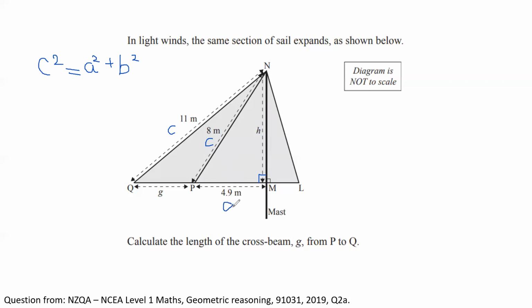So we can call this one, for example, A, and this height one we can just call B for the time being. As we've got two side lengths, we can hopefully figure out what the third one is. We know that this one is going to be C, so we can do C squared, subtract A squared to figure out what B squared is going to equal.